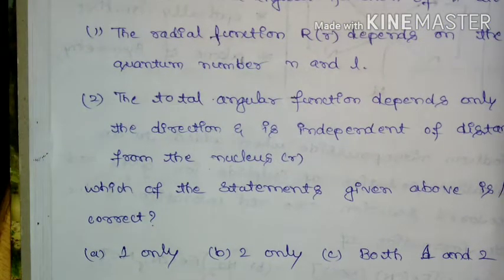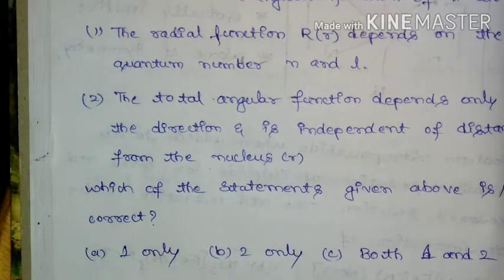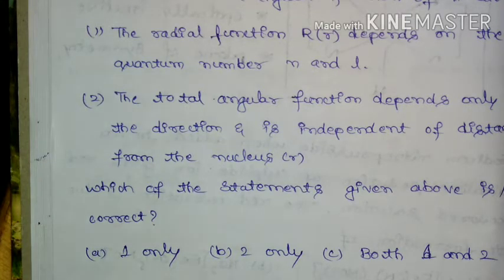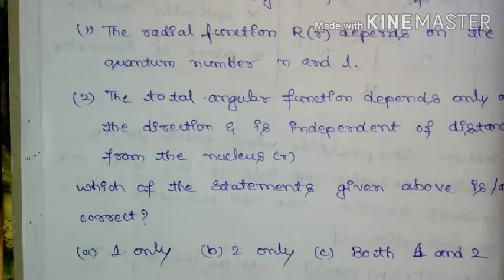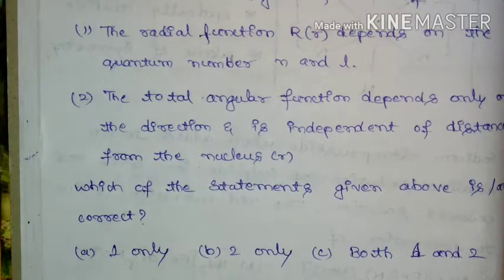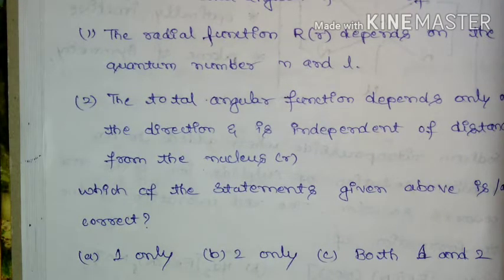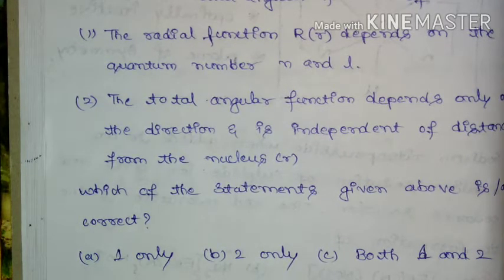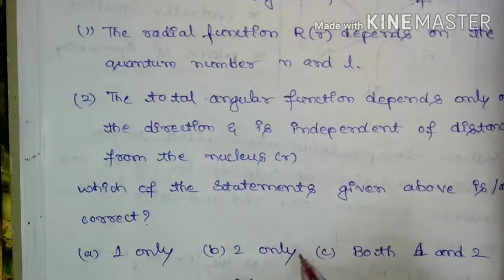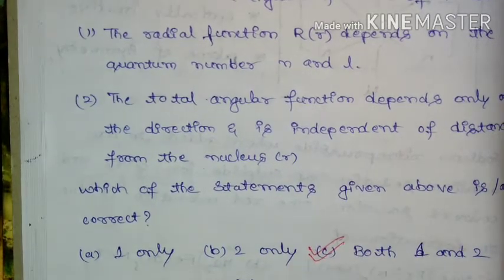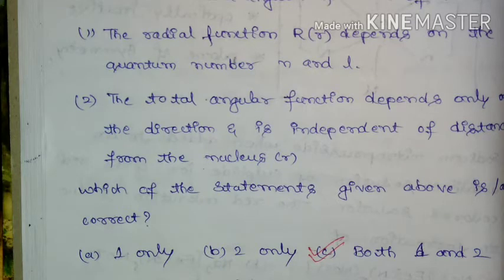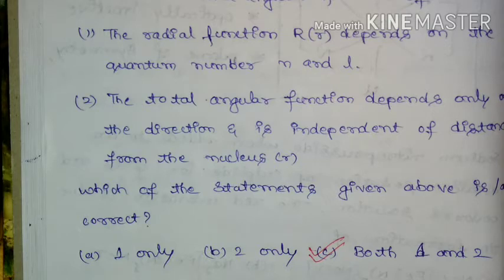That is, radial function depends on the quantum number values n and l, that is correct, and total angular function depends only on the direction, means it is going to depend on m and l value, means we are going to get the orientation or direction of the orbital, and it is independent of the distance from the nucleus. So option C is correct, that is both statements regarding radial and total angular functions are correct.